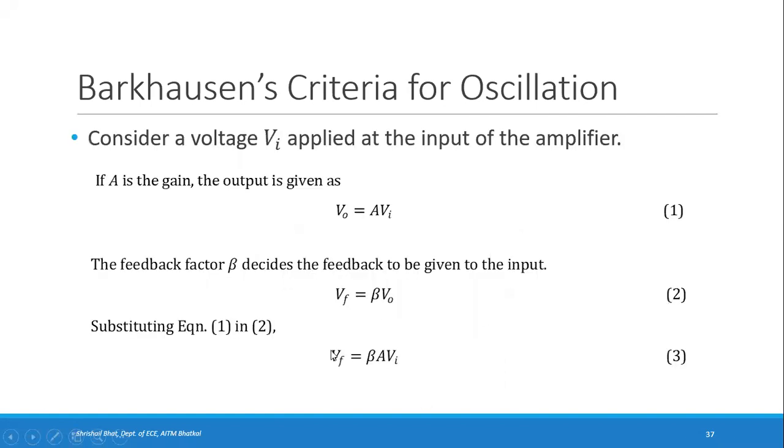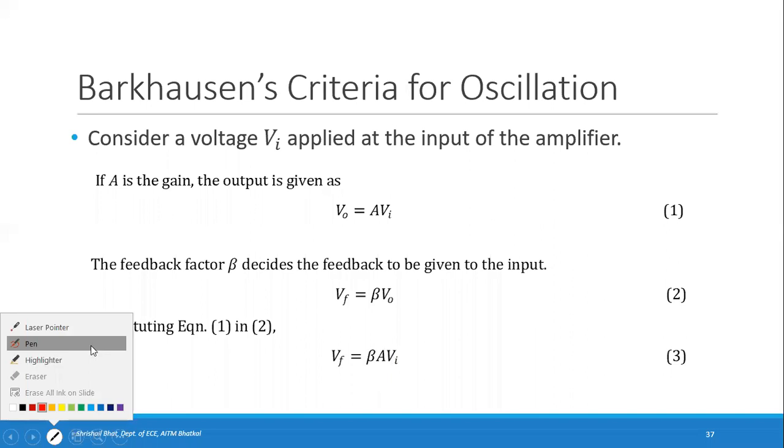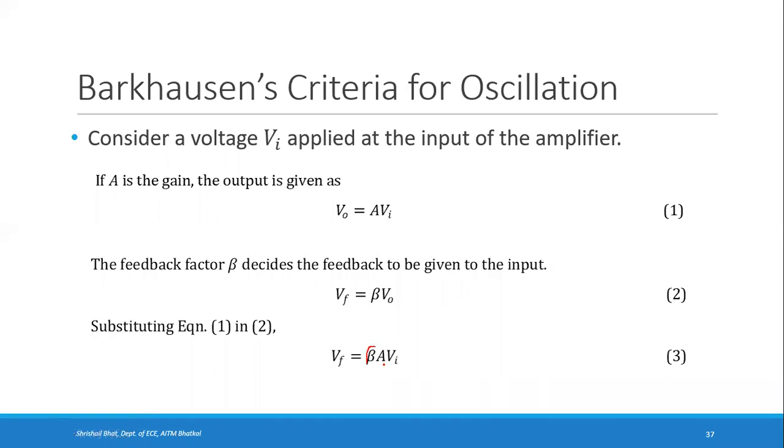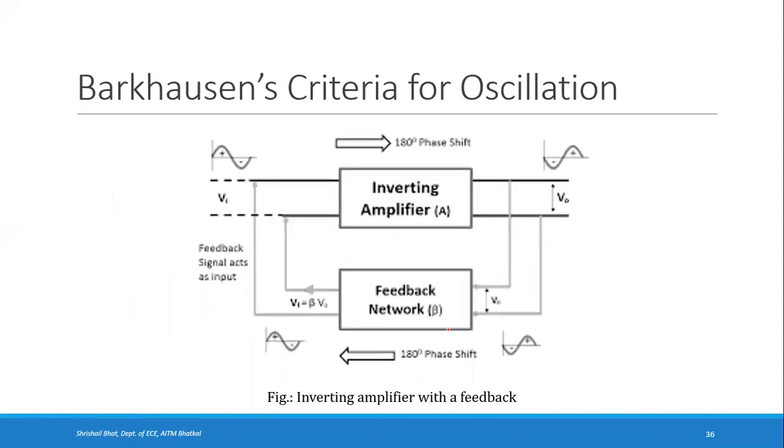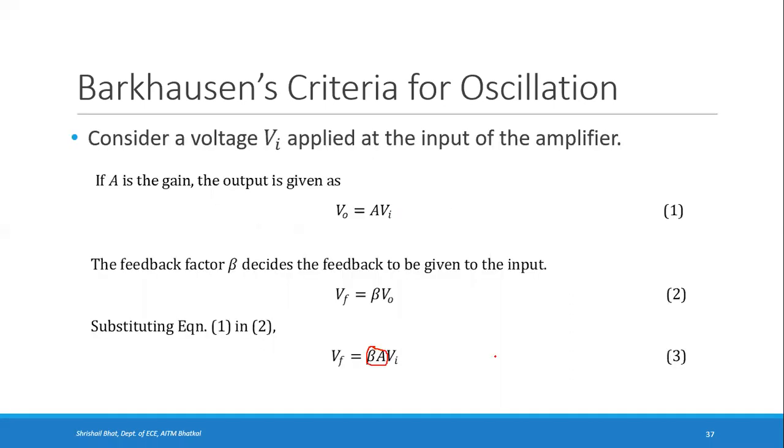So in this term, when will Vi be equal to Vf? Vi will be equal to Vf when this term beta A is equal to 1, right? That is called the Barkhausen's criterion for oscillation. One thing is that the total phase shift should be 0 degrees or 360 degrees. The other one is that beta A should be equal to 1.